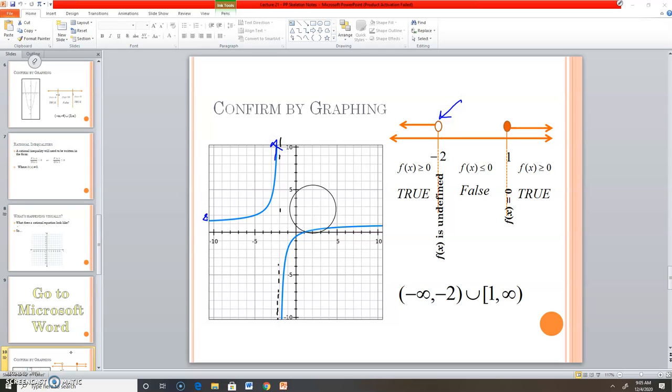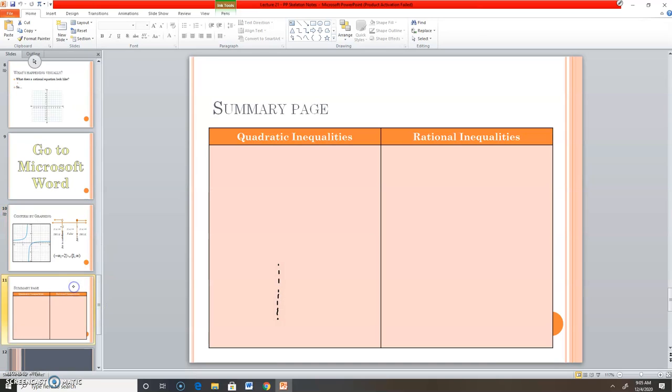Okay? Now, just kind of a quick summary here, kind of tie it all together. Okay? Quadratic inequalities. Remember, both of these, and this is for both, we must get into standard form.